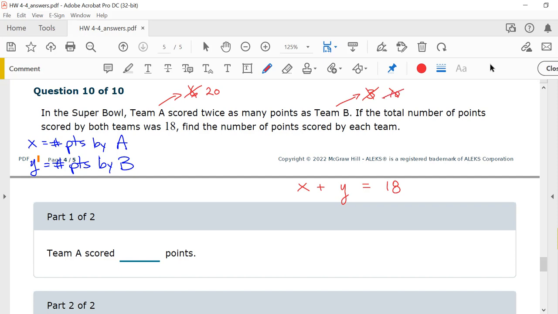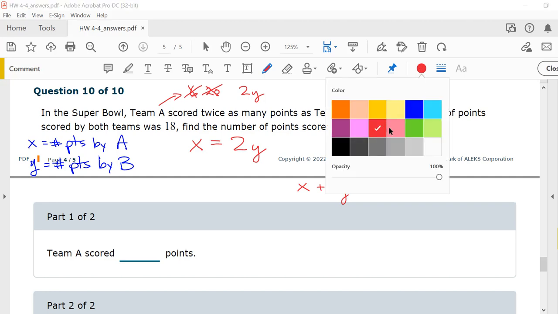If Team B scored Y points, then Team A would score 2Y points. So the number of points scored by Team A is X, and it has to be twice as many as scored by Team B, so X has to equal 2Y.